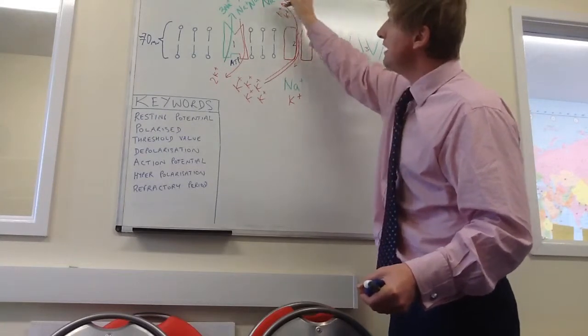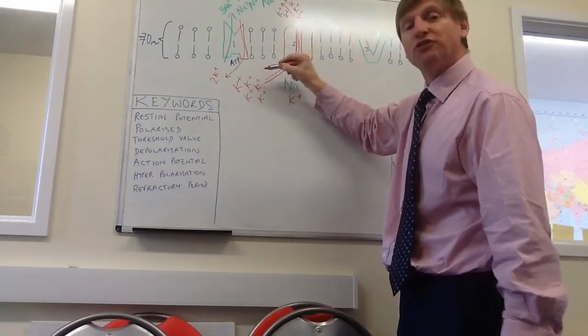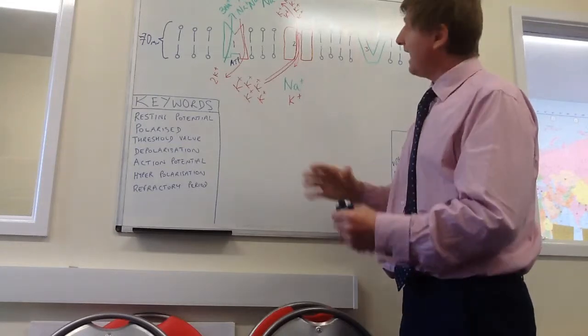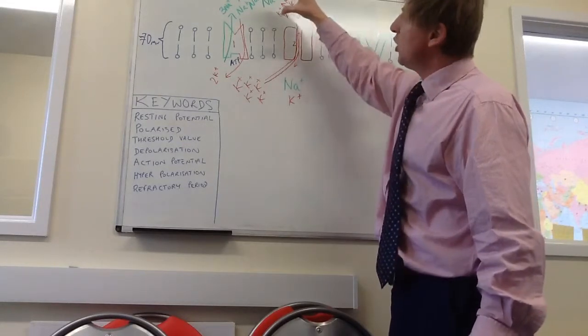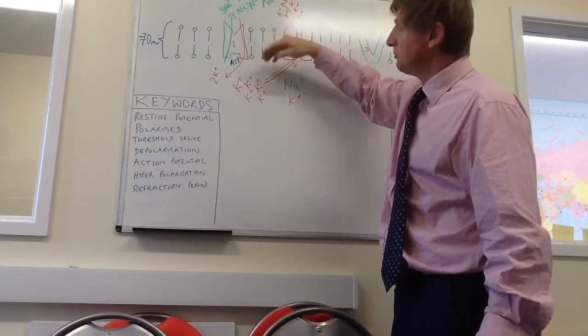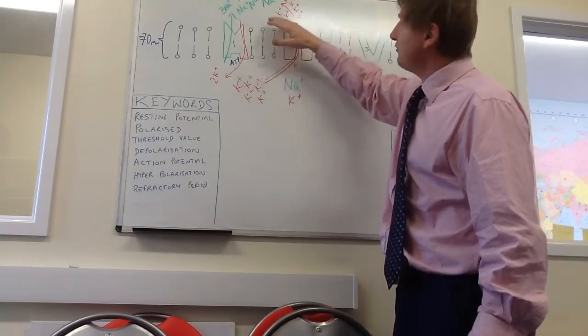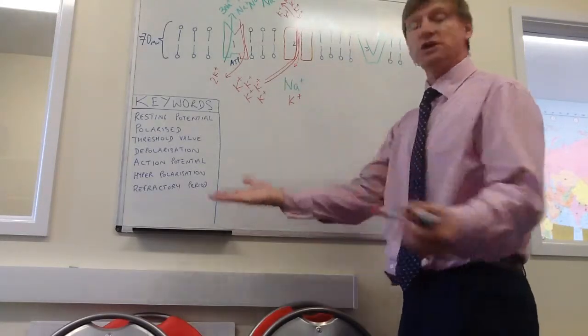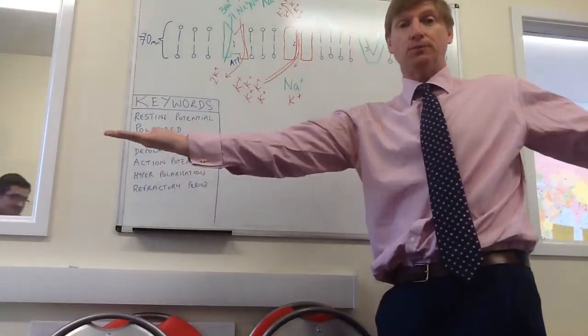Because this is now really positive, and these are positive. So like charges repel. And so the point at which we've increased the electrochemical gradient of pluses to pluses is such that it overpowers the concentration gradient, is the point at which we reach a kind of balance.